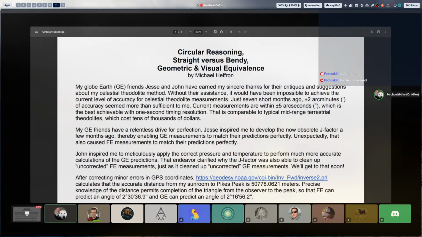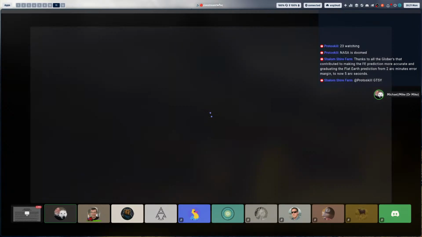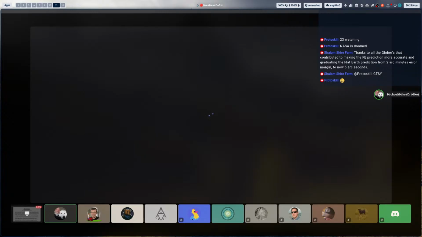Oh, and this, by the way, refutes a claim by our globe Earth friends that we're coming up with totally different predictions. We're not. We're essentially coming up with the same predictions. And those predictions are equivalent to each other, even though we're using different angles. That's because flat Earth measures the angle at the peak, globe Earth measures the angle at the observer.